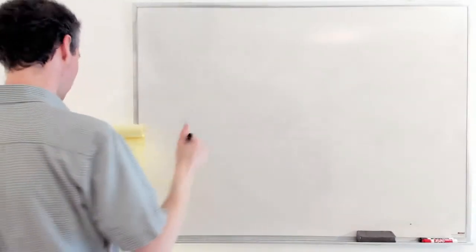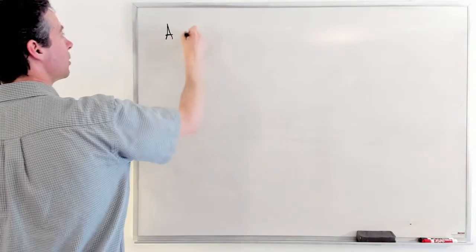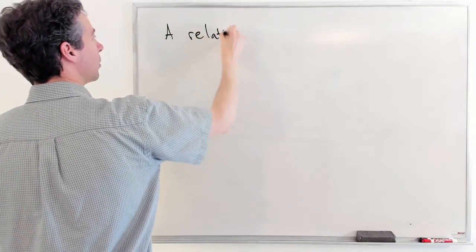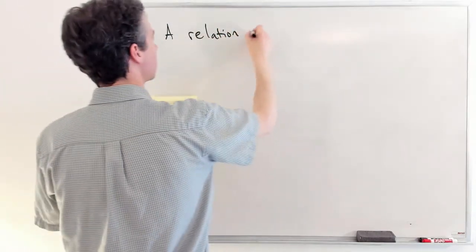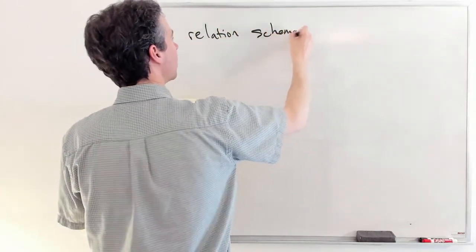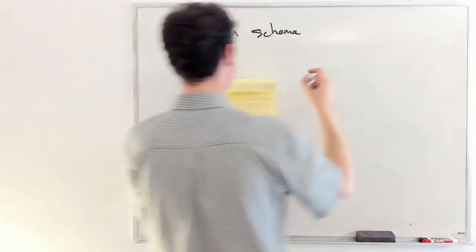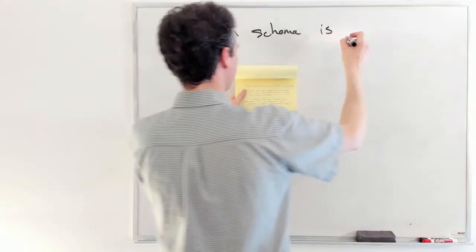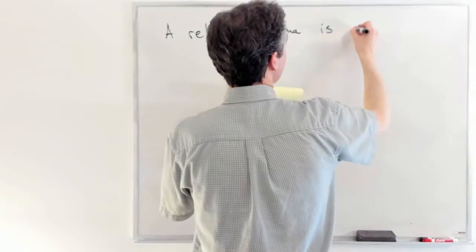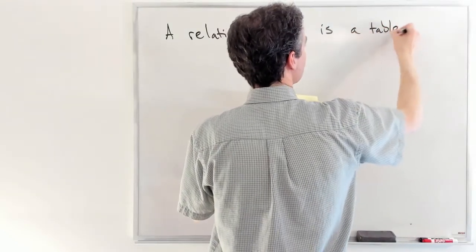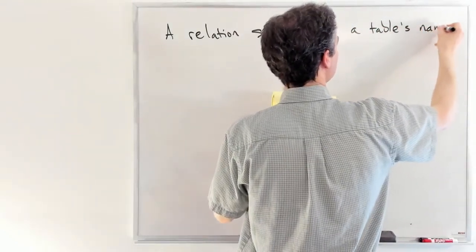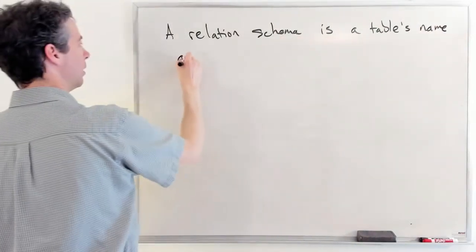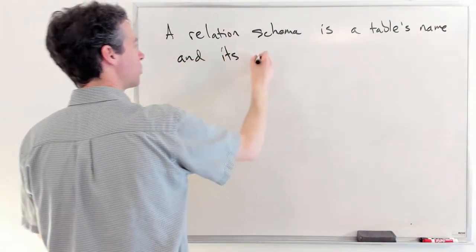Okay. Then we have this notion that we can have a relation schema. This is a cool thing, but it's pretty simple, which is it is a table's name and its attributes.